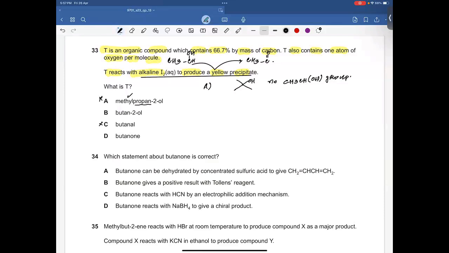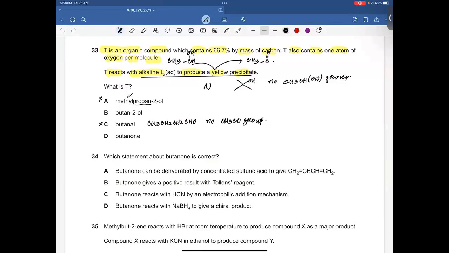C is also incorrect because butanol has no CH3CO group.